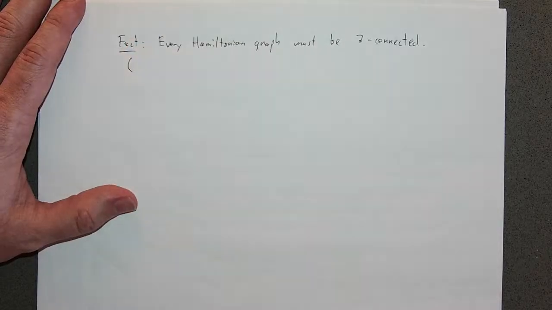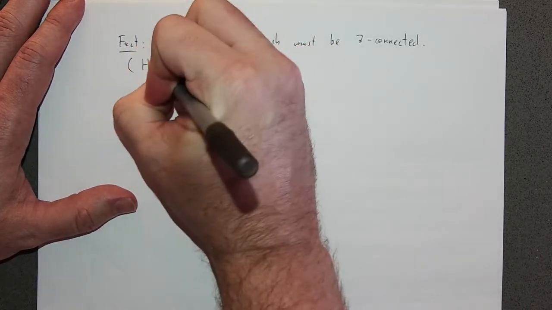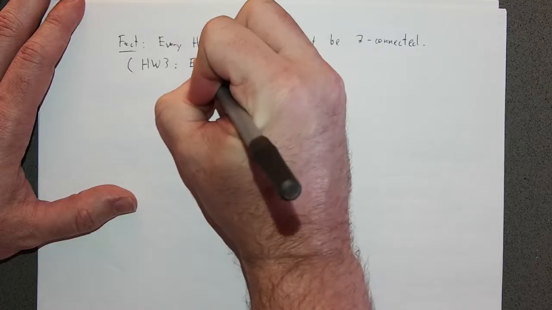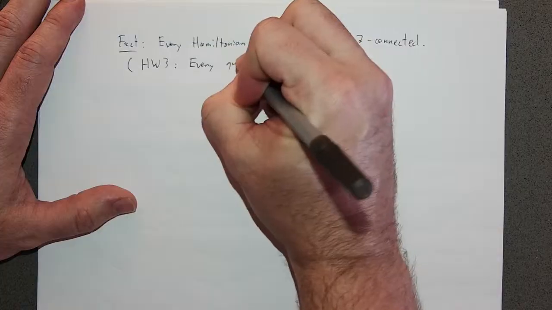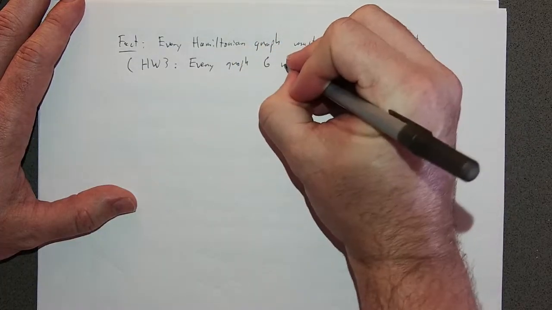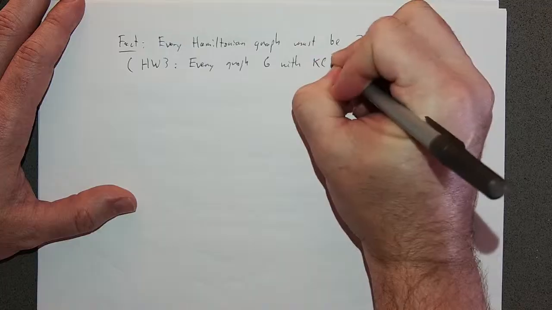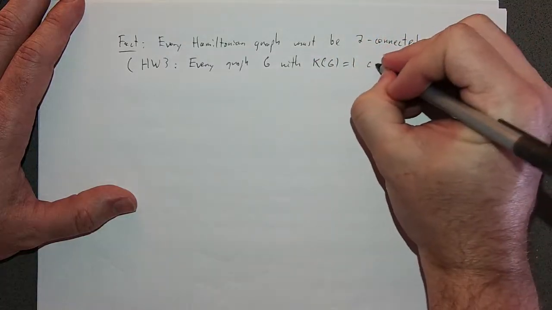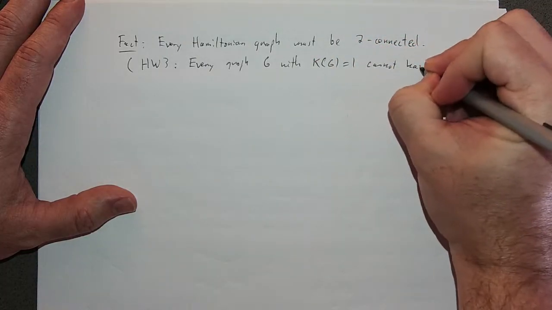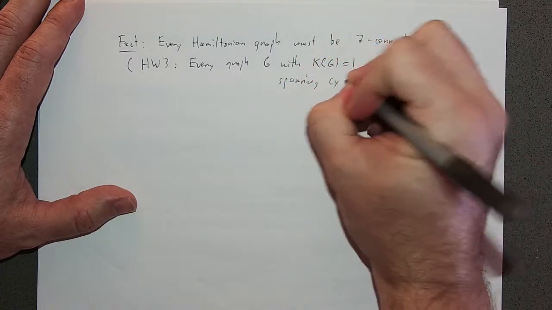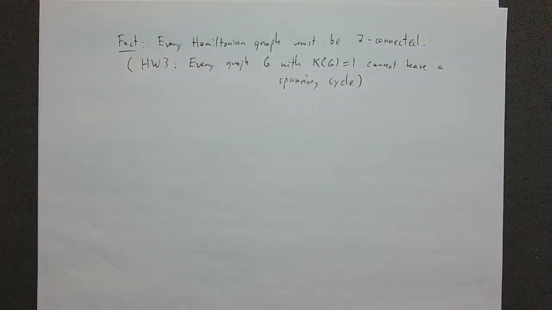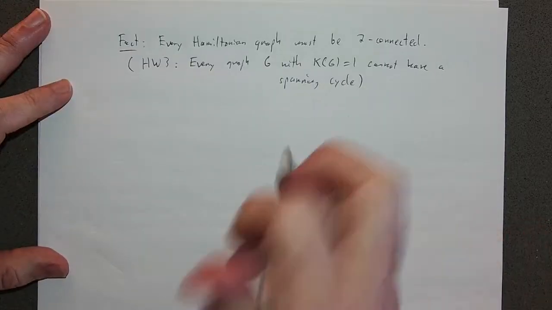You will prove in your next homework that every graph G with connectivity of G equal to 1 cannot have a spanning cycle. Okay. Next theorem.